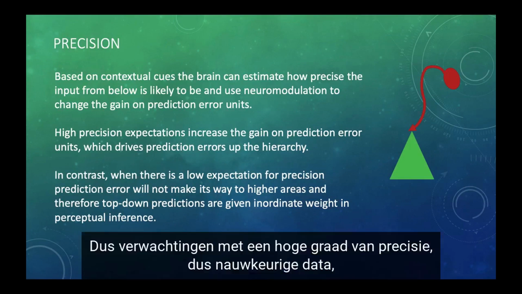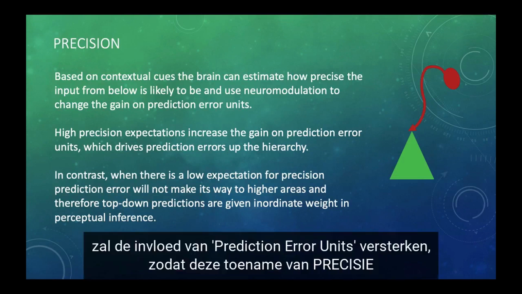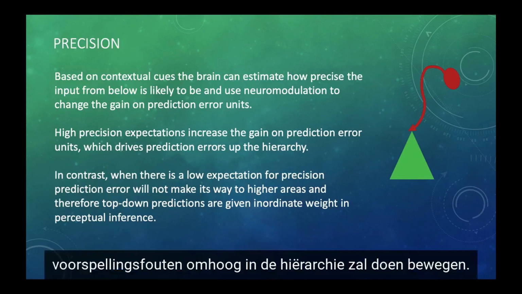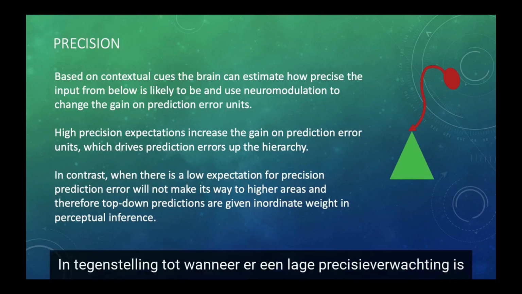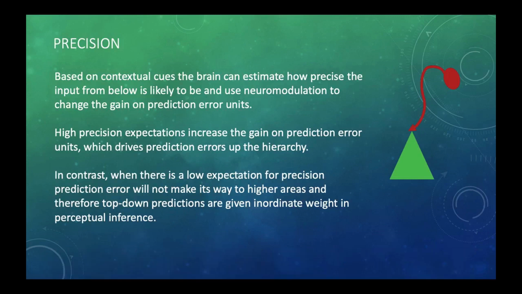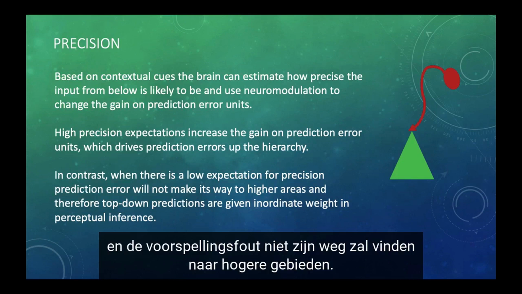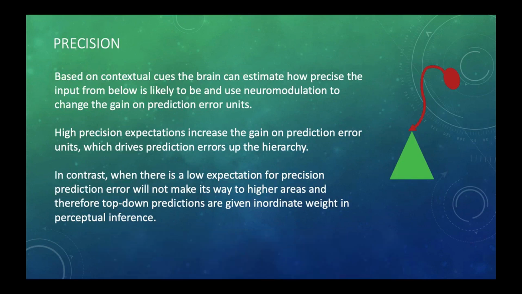So high precision expectations, that there's going to be nice high precision data, will increase the gain on prediction error units. So high gain on the prediction error units will drive prediction errors up the hierarchy. In contrast, when there's low expectation for precision, the prediction error will not make its way to higher areas.